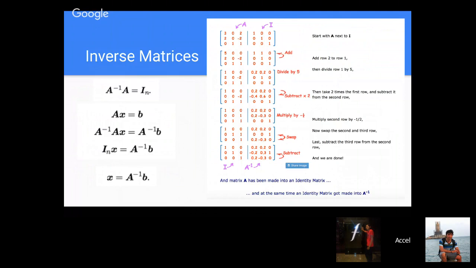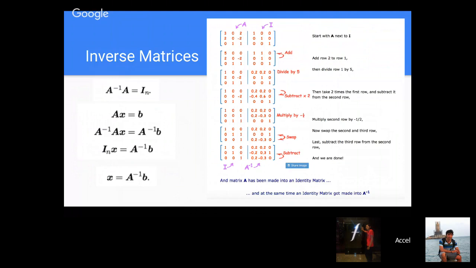And I got this picture from a site called mathisfun.org, which is really cool. And basically the way it walks you through it is that you start with your matrix A next to your identity matrix I. Of course, you add row 2 to row 1, and then you divide row 1 by row 5, and then take 2 times the first row and subtract it from the second row, as shown there.